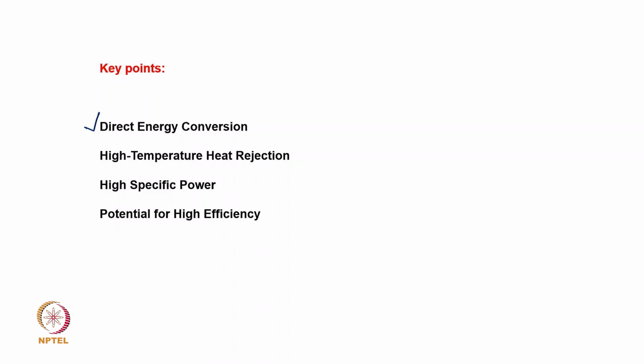The second point is high temperature heat rejection. We have also seen that it is used at as high a temperature as possible, and generally the thermionic generators or thermionic converters use temperatures of more than 1000 degrees centigrade.